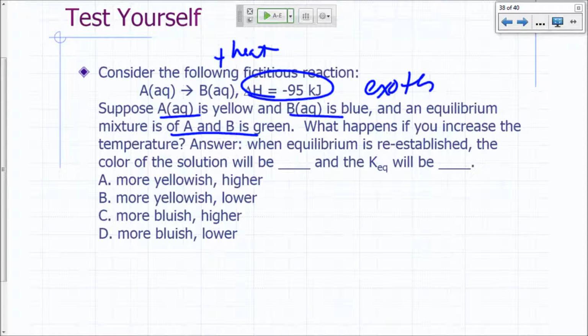It will shift to the left, okay? So the color of the solution will be what? More yellowish or more bluish? A is yellow, so it's going to be more yellowish, right? And the KEQ will be higher or lower? More reactants. What happens to KEQ? Lower.